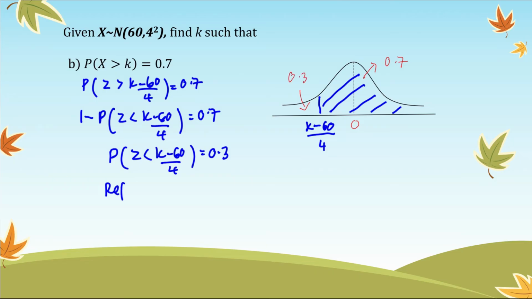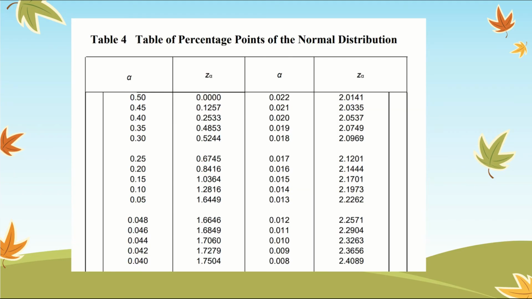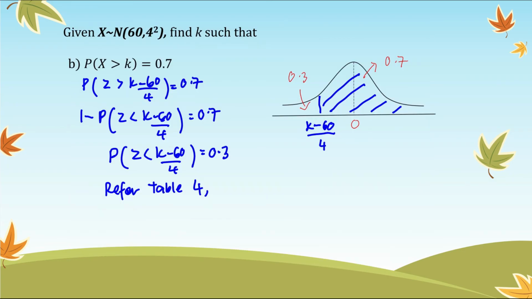Now we want to refer to table 4. Let's find the value of 0.3. So for probability 0.3, the z-score is 0.5244. From the table, P(Z less than 0.5244).